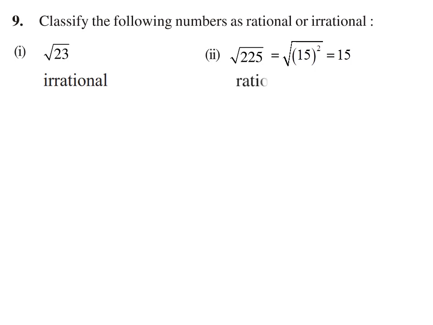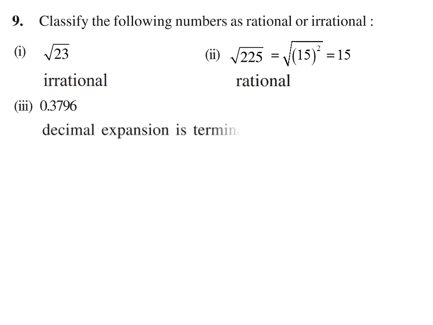Next, the third one is 0.3796. Which kind of decimal expansion is it? The decimal expansion is terminating. We know if the decimal expansion is terminating, it is a rational number.